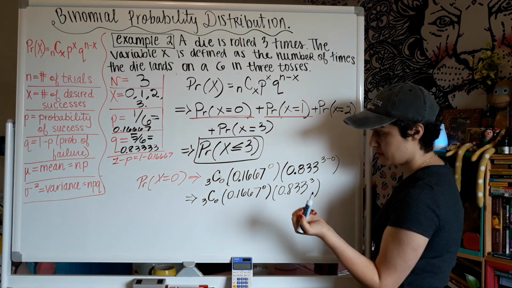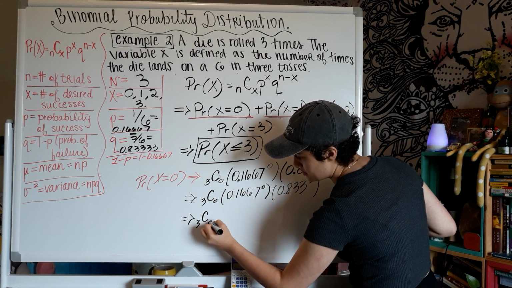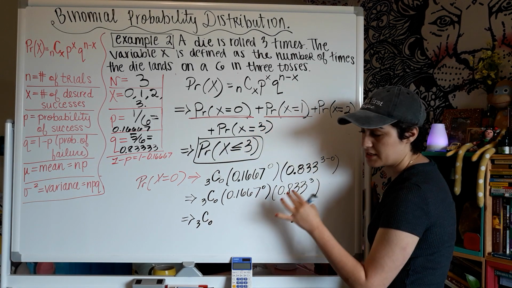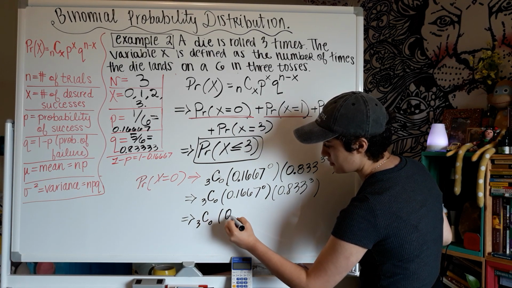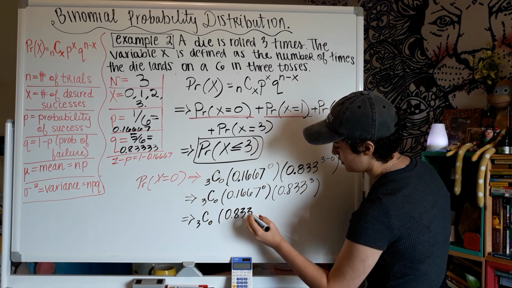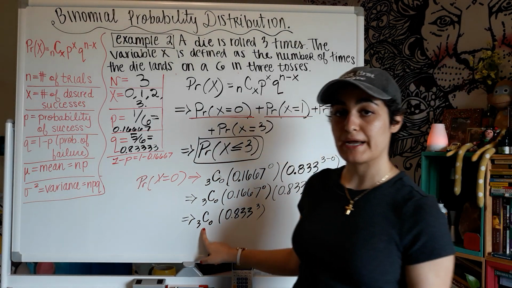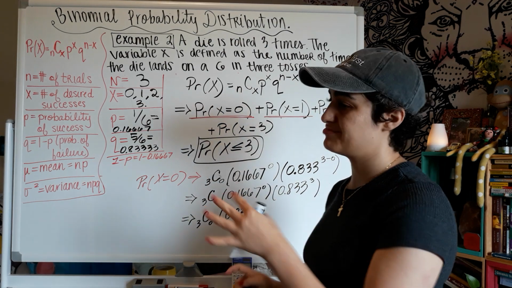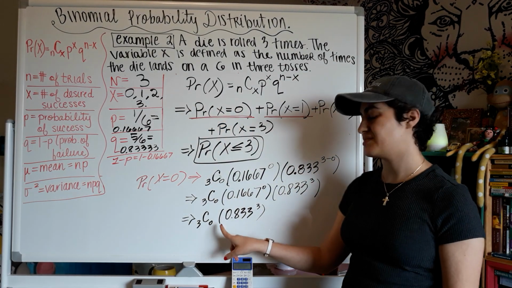So I'm going to make my life even easier. 3 choose 0, and I'm just going to eliminate that. Put that right here. Drop this down. 0.833 raised to the third. And you can do this by hand if you want to, or you can just give it all to the calculator. You can even put this straight in the calculator, but I just feel like this would be easier.